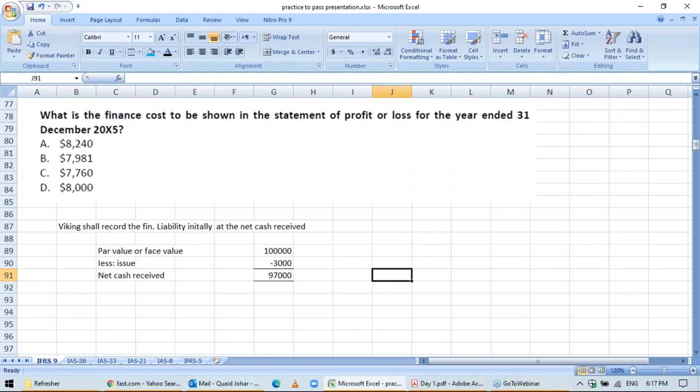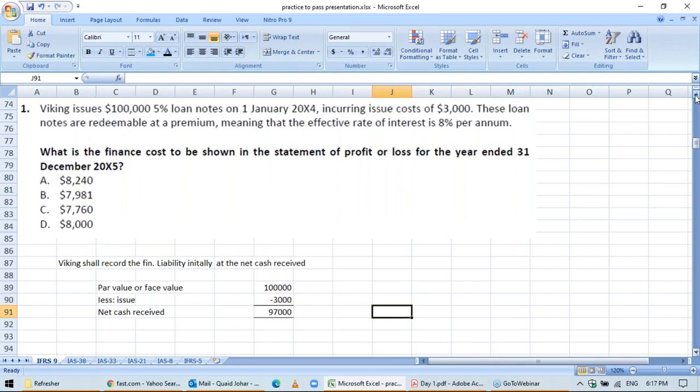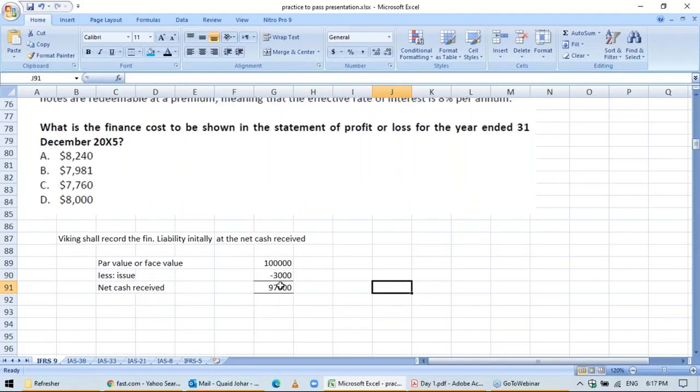In this case, it intends to hold till maturity and will be exposed only to the contractual cash flows covered in the agreement, meaning the interest and the redemption amount which Viking will be paying. So this is the amount, 97,000, at which Viking will recognize its liability on 1st January 2004.